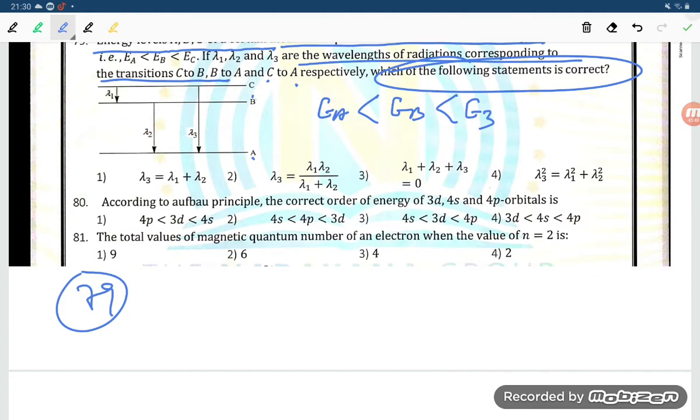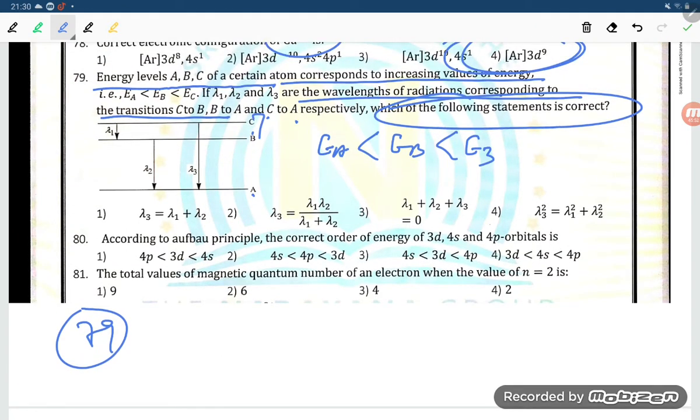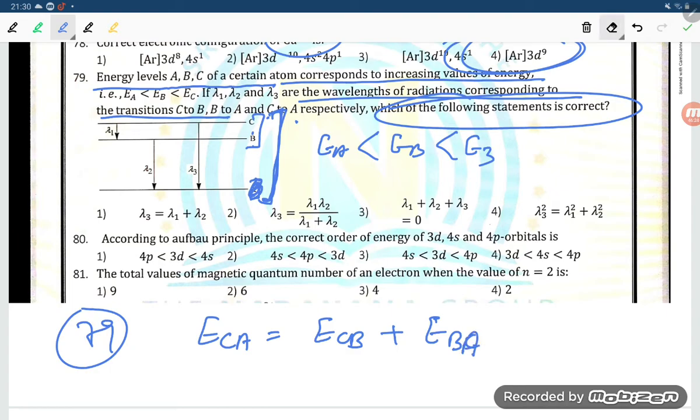If you know, the sum of these two will be this, student. So what we can write: the total energy ECA is equal to ECB first, and then plus EBA.